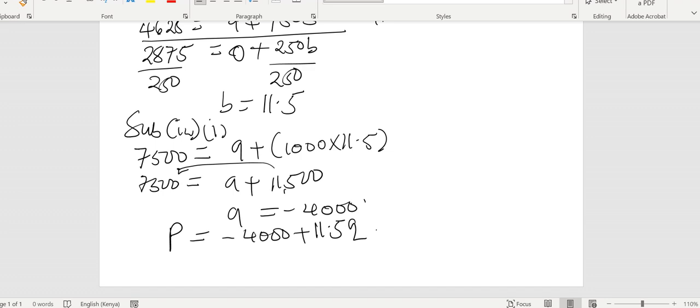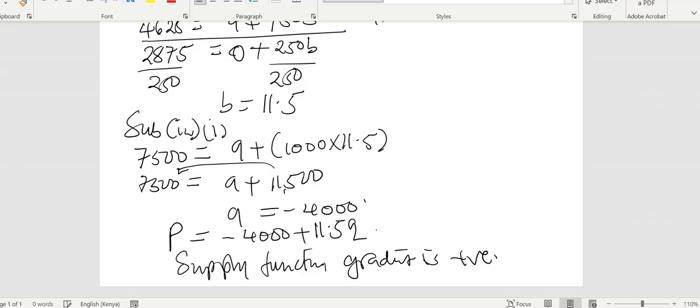This is a supply function, because the gradient is positive.